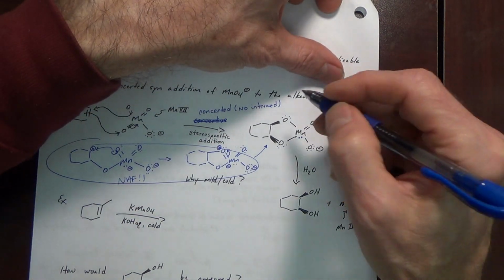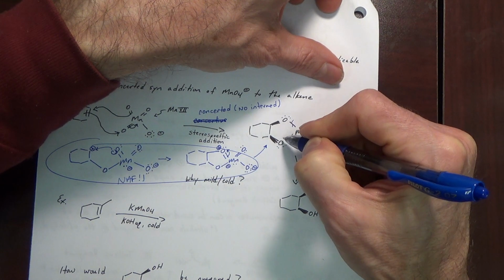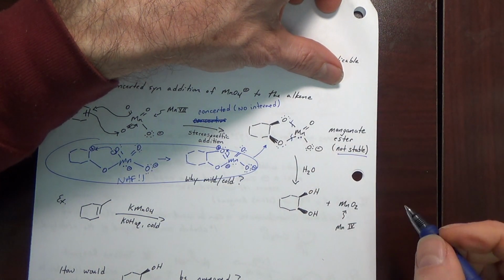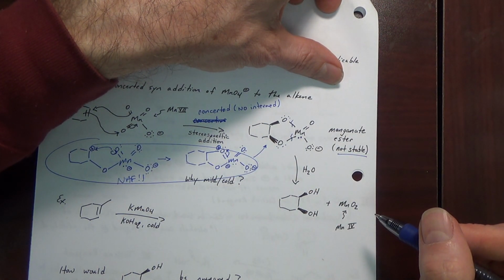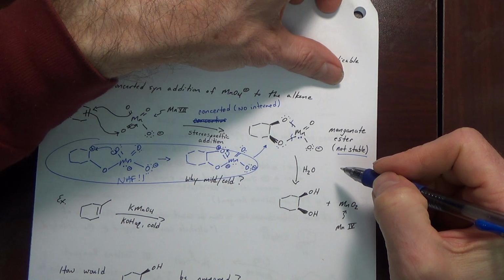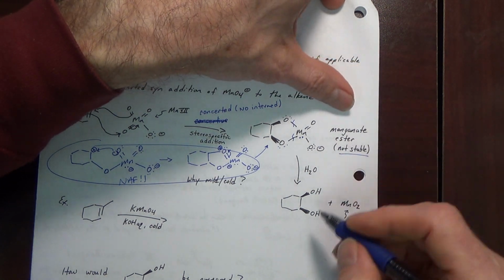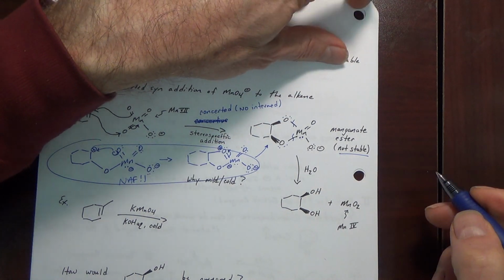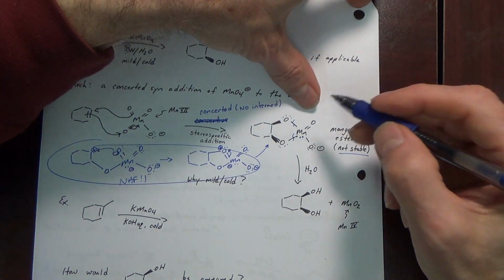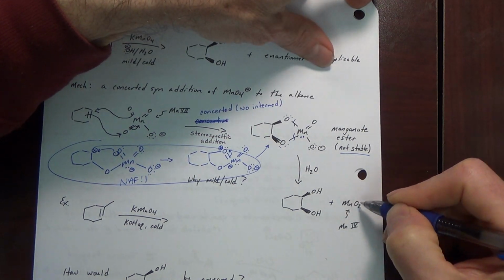We're not going to show a mechanism for this, but basically these two bonds here will be cleaved and the oxygens will pick up H's. Really by hydrolysis. Again, we're not going to show a complete mechanism, and that gives the diol. Okay. Now the fate of the manganese is actually MnO2, which is a discrete compound.